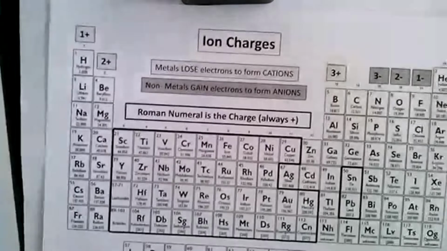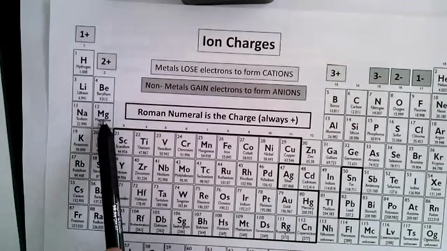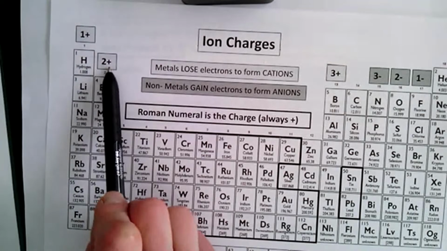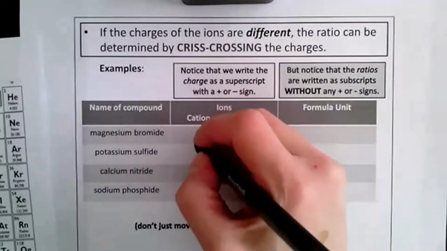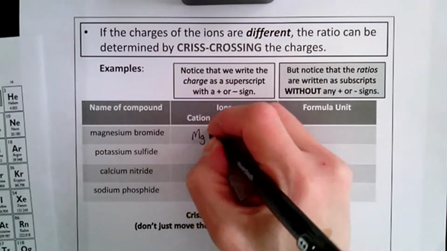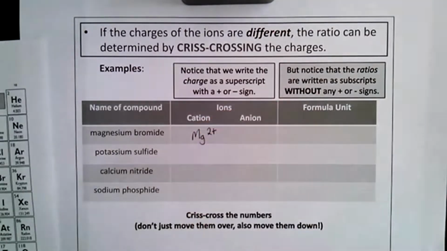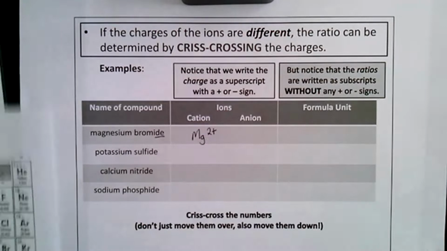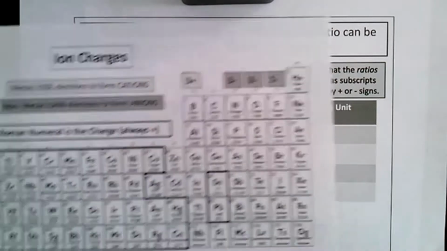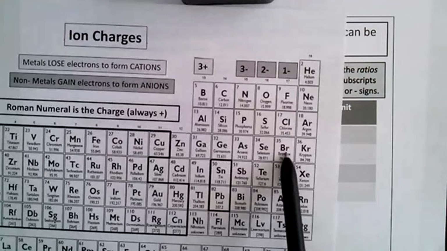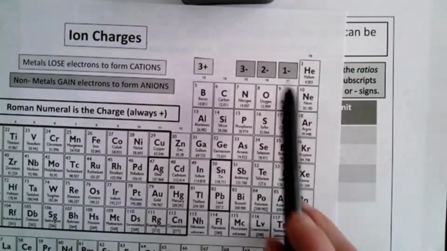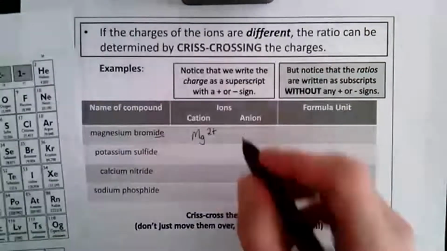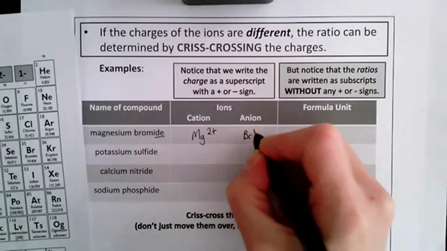So again, I need my periodic table. I find magnesium. It's in the 2+ column. So my cation is magnesium 2+. Bromide must have been bromine. So I find bromine. It's right here in column 17. It has a 1- charge. So it's Br1-.